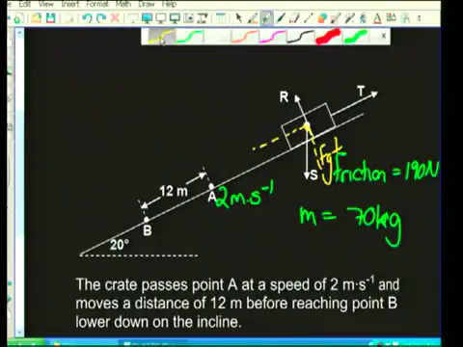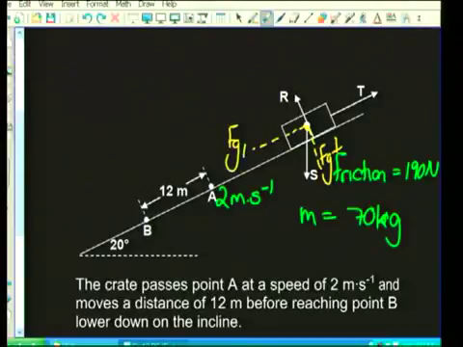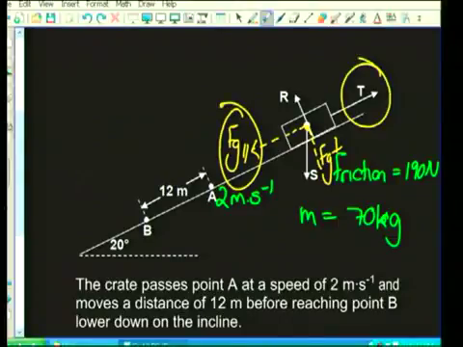So let's do it this way. Sorry. FG parallel. That pulls it down. The work done by FG parallel and the work done by T, if I add those together, I get my net work. That's how I get my net work, because I'm adding the two together. Because net is just an addition, the result of them.